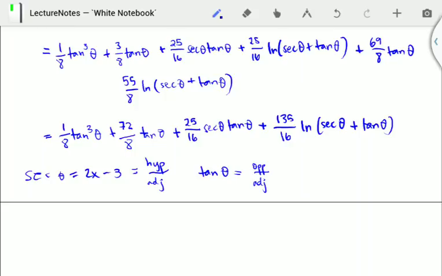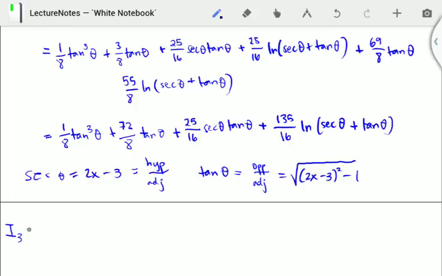When you look at your secant, you have 2x minus 3, there's no denominator. In other words, the adjacent side is 1, the hypotenuse is 2x minus 3. Then the opposite side is given by the Pythagorean theorem: 2x minus 3 squared minus 1, the hypotenuse squared minus the adjacent squared, under a square root. The adjacent is 1, so that's your tan theta. Okay, so now this is going to be fun.